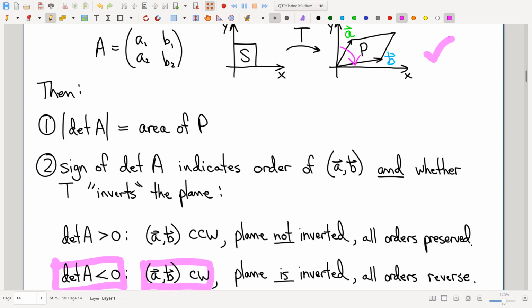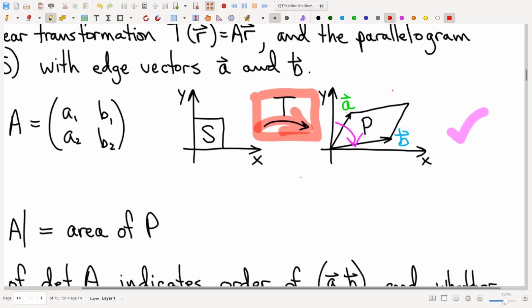And I want to try to make an appeal now as to what that tells us about the linear transformation itself. And there's a really nice observation here. I claim that linear transformation has to kind of flip the plane upside down. And here's the way you see that. How is it that this means I have to flip the plane upside down?